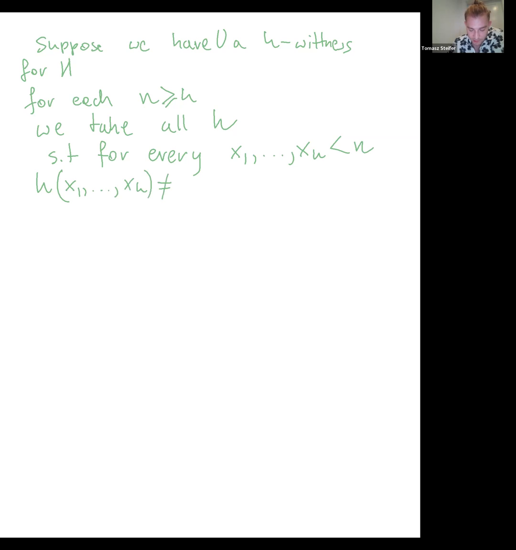So we take the witness, then we apply it to the points. If you look at every k numbers in the prefix, we know that there is at least one label which disagrees with what the k-witness says.